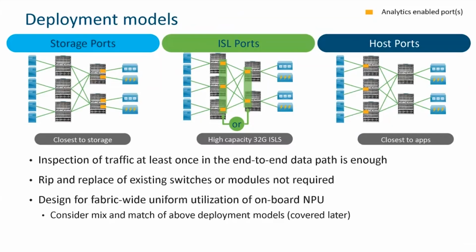A customer who has an existing 16 gig deployment doesn't need to move to 32 gig if they don't have to. That's their decision whether they are ready to move to the next speed. However, if they want to adopt SAN analytics, they can just get as many 32 gig modules as required and insert them strategically so that their end-to-end traffic inspection happens on those modules.